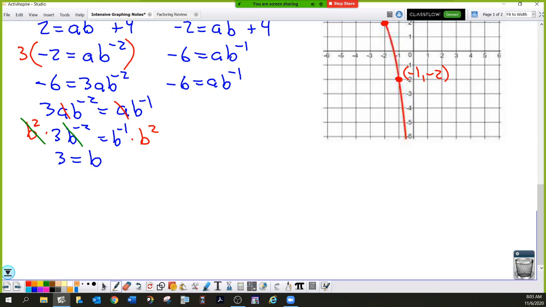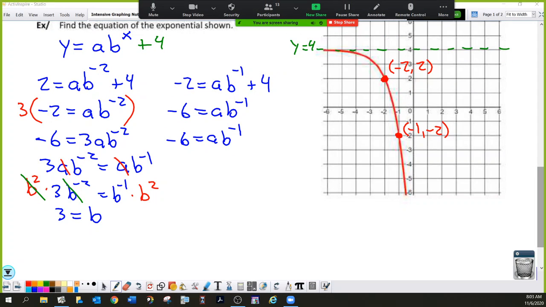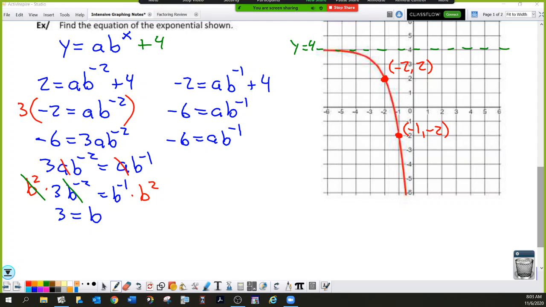So I'm going to take that b value of 3, and it doesn't matter which one I go to. Oh, look, Kristen's here. I can plug in that b value of 3 to either one of my two things that I have. And because it's there and it's easy pickings, I'm going to go right here. I'm just going to plug in b equals 3 right there.